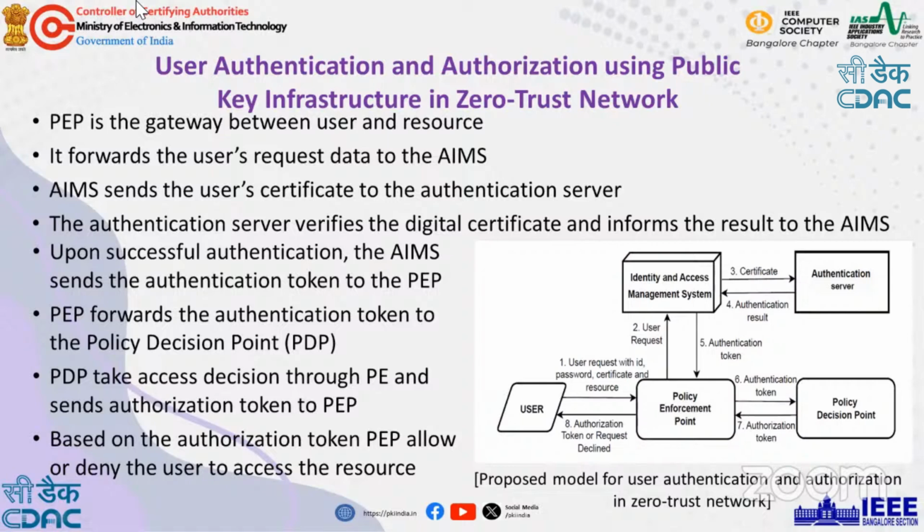Then this point, based on the access decision, if it is granted, allows the user to access the particular resource for a particular period of time and starts communication between the user and the resource. It also monitors the communication between them, and if it finds anything suspicious, it stops the communication. So this is our proposed work for the Zero Trust network.